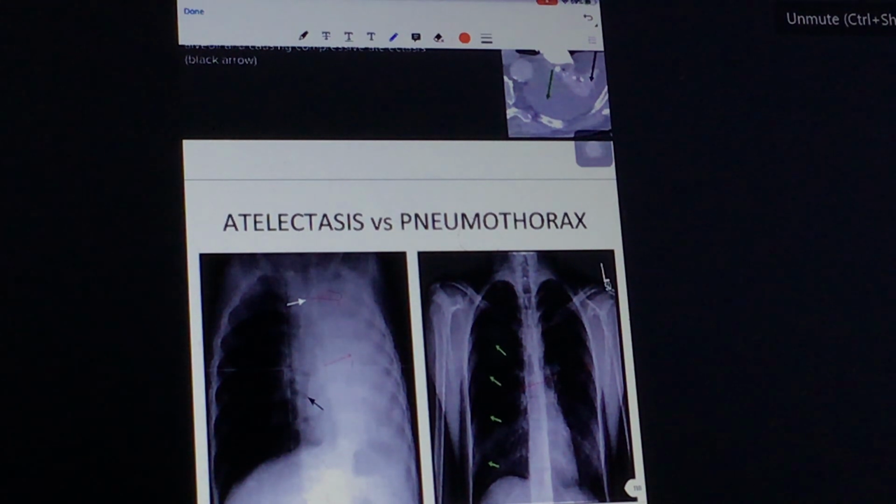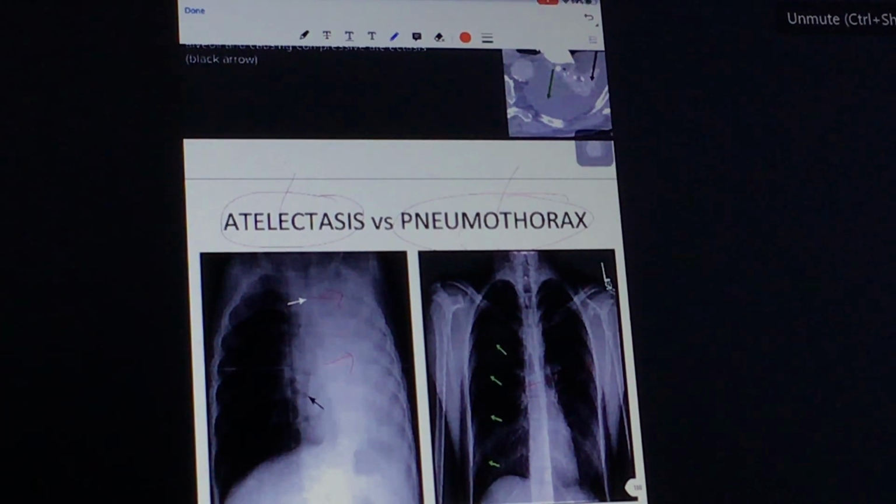So in pneumothorax, the middle structure goes away from the affected side. In atelectasis, the middle structure is shifted to the affected side. Pneumothorax, away from the affected side; atelectasis, toward the affected side. Did you understand?